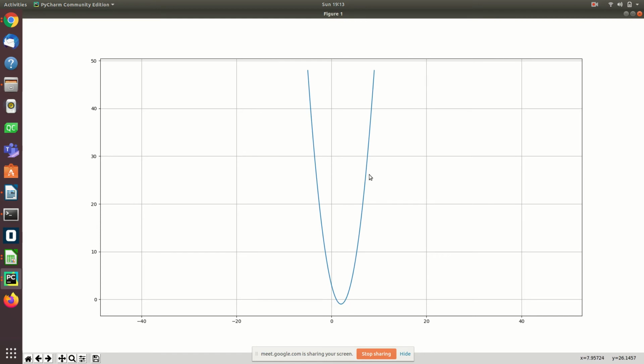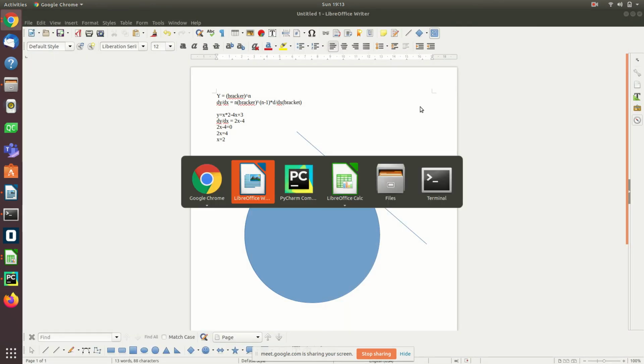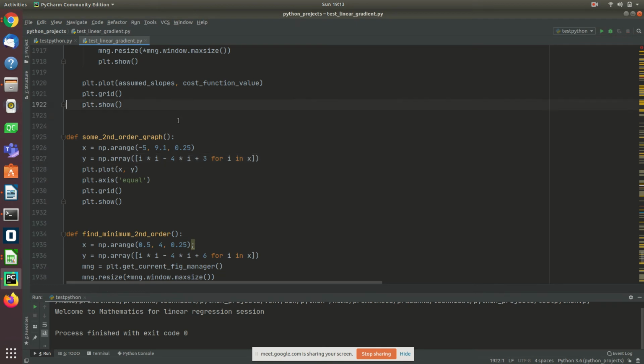So if there is an equation like this, what we're trying to do is draw a slope and take a next step, again a slope, take a next step, again a slope, till a point when my slope is 0, right? Let's try to do that and move to the next point very quickly. I don't want to waste your time.